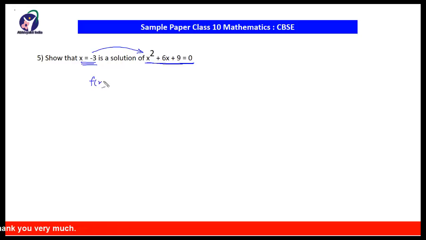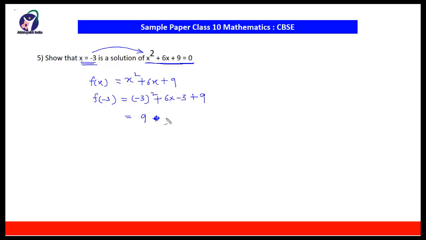So if f of x is equal to x square plus 6x plus 9, then we take f of minus 3, that is equal to minus 3 bracket square, plus 6 multiplied by minus 3, plus 9. So minus 3 square will be 9, plus minus 6 threes are minus 18, plus 9.